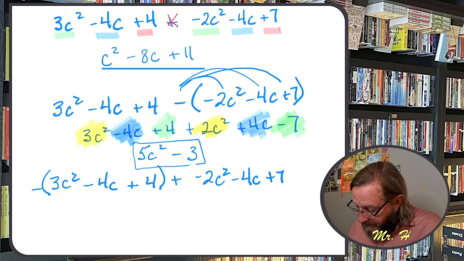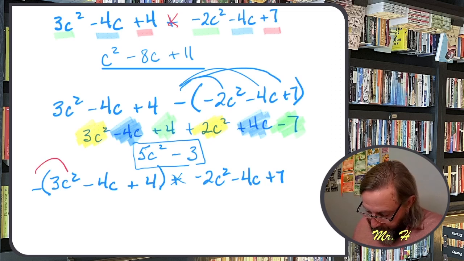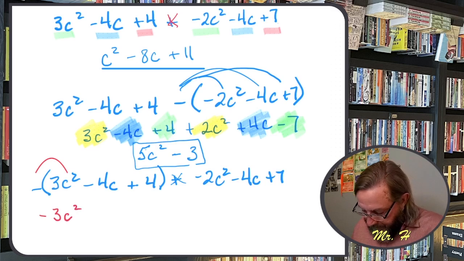So let's take a look at that. We can get rid of the plus sign. We're not going to have to worry about that. Now let's talk about the front parentheses. We have a negative outside it, so we're going to distribute the negative 1 times the 3c squared. So that's going to be negative 3c squared. We're going to have a negative 1 times a negative 4c.